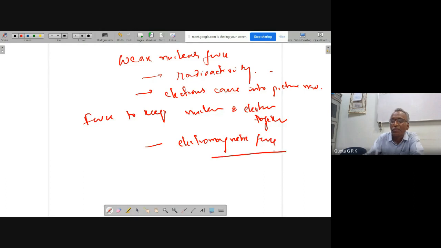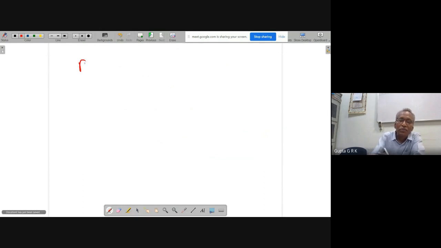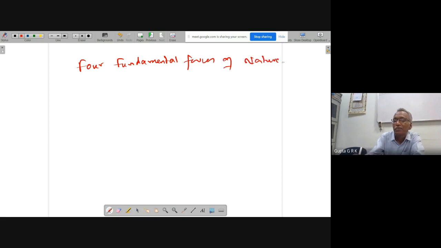Electromagnetic force. Okay, so these are called the four fundamental forces of nature. One is gravitational force, and then strong nuclear force, and weak nuclear force, and the electromagnetic force.